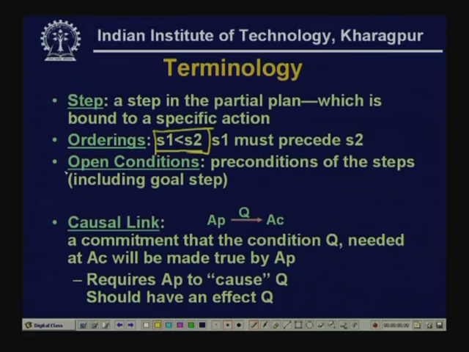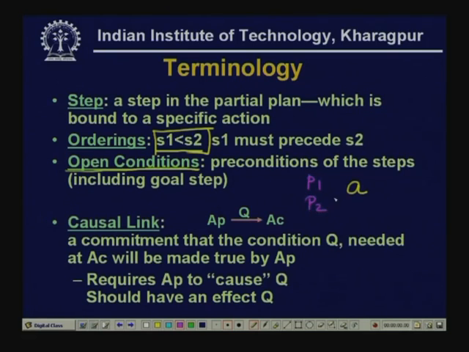Thirdly, let us see what we mean by open conditions. Open conditions are preconditions of the steps which have not yet been satisfied. Suppose we have a step, and in order to execute the step, we need certain preconditions to hold. As you know, in the STRIPS representation, for every action we have preconditions.